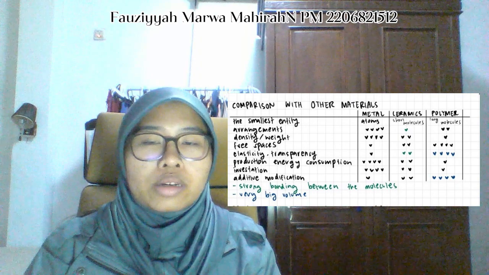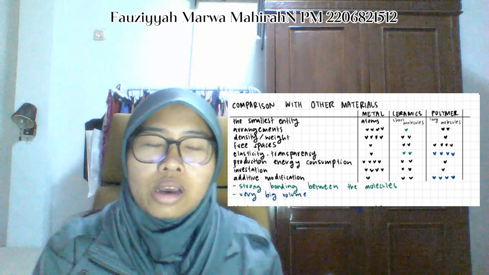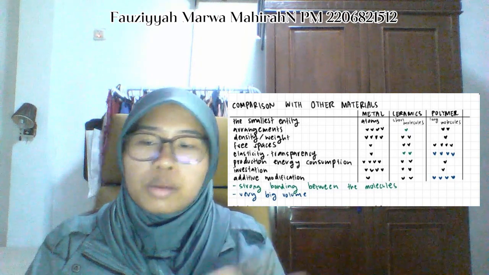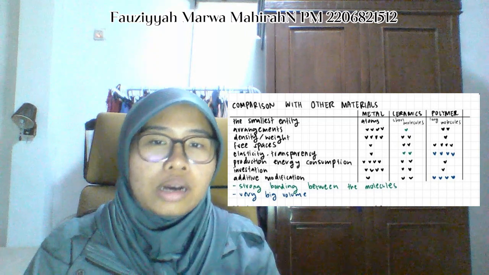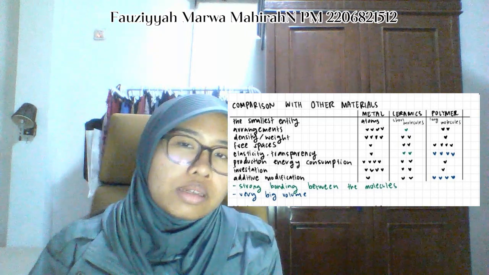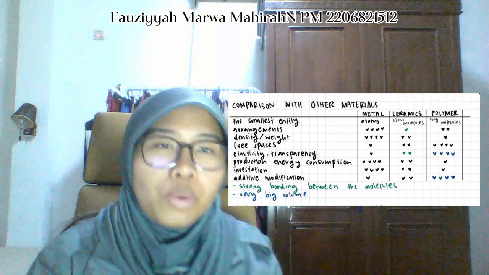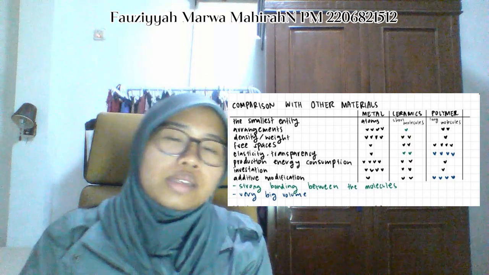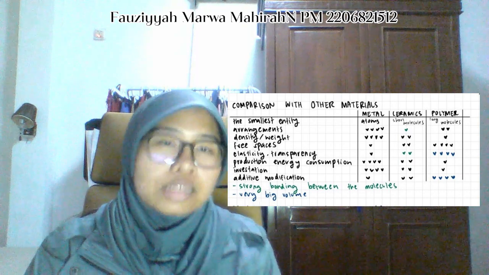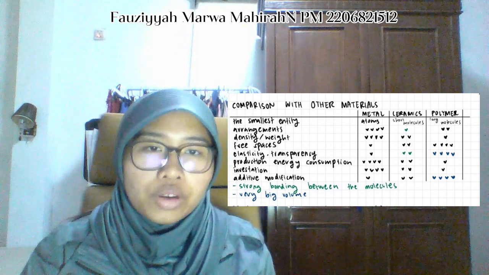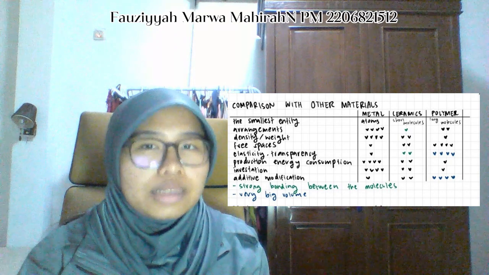And also we can compare the density, which means weight per the area. We all know that metal is definitely way more than a plastic. For example, steel is much heavier than a plastic bag.